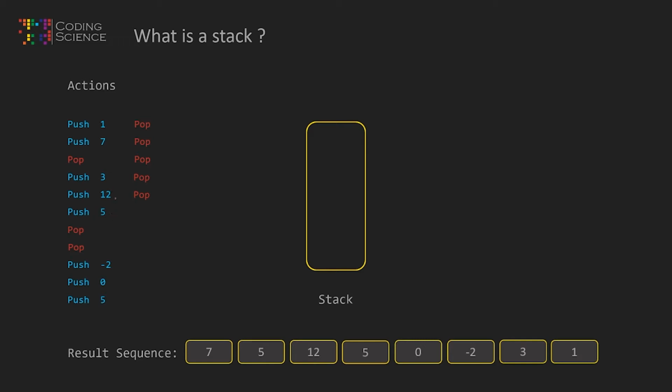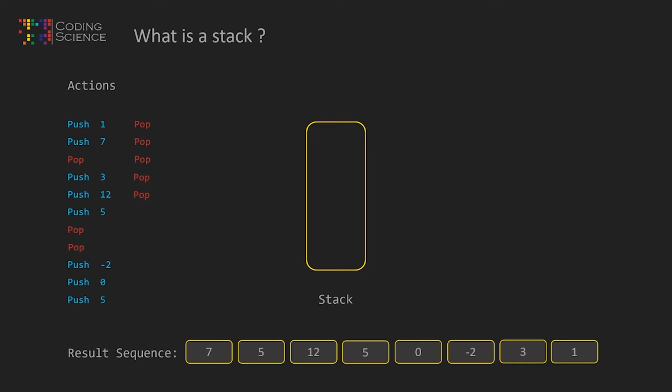So 7 and 5. Then it was 12 because we popped again, so we have a 12 here. So 7, 5, and 12, and so forth. It's not complicated, but it's important to remember, because when you're using stacks, that's something to take into account. Depending on the timing of your pushing and popping, you'll get different sequences.